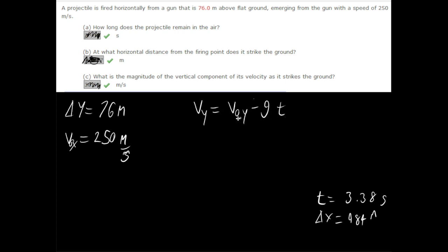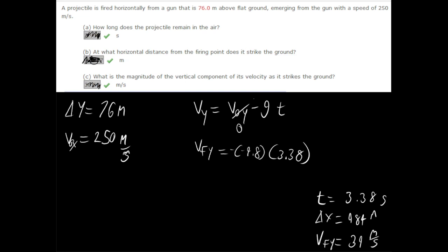And again, we know that V0y is 0, so velocity final in the y direction is equal to negative 9.8 times 3.38. And if we do that, we get velocity final y equals 39 meters per second. And that is how you do this problem.